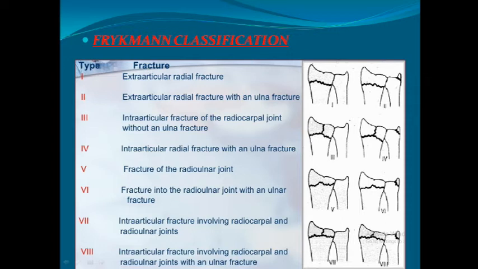First you are getting extra-articular, third you are getting intra-articular, fifth you are getting towards the radio-ulnar joint, seventh you are having intra-articular as well as radio-ulnar as well as radio-carpal joint involvement. Okay, so this is Frykman classification. You have 8 types here.